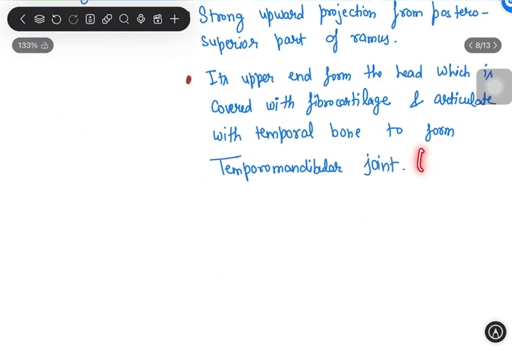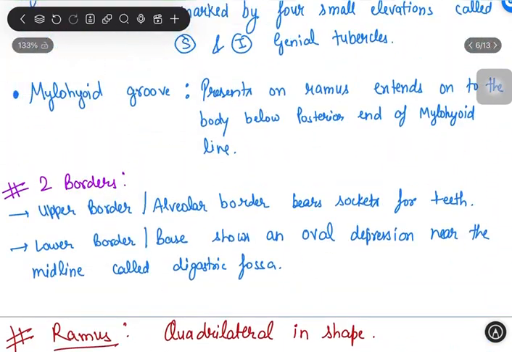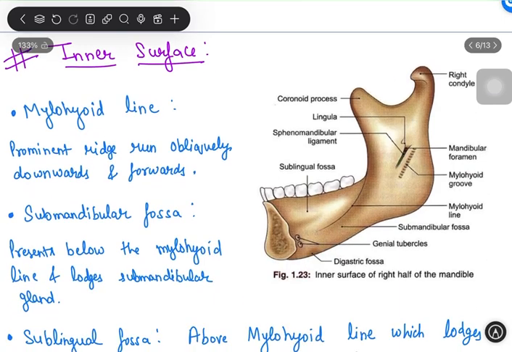As we say, the TMJ. In this diagram, you can see the right condyle or condyloid process and the coronoid process. This condyloid process forms the temporomandibular joint.